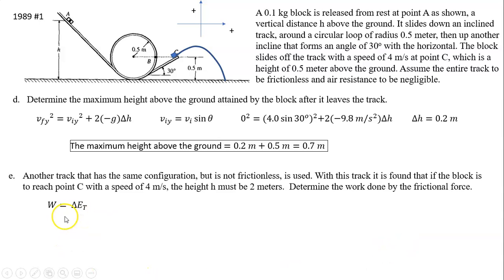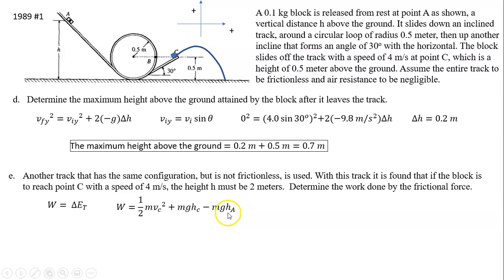According to the work-energy theorem, the total work done by the other forces equals the change in total energy. So the total mechanical energy is the mechanical energy at C minus the mechanical energy at A. Mechanical energy at C is its kinetic plus its potential.